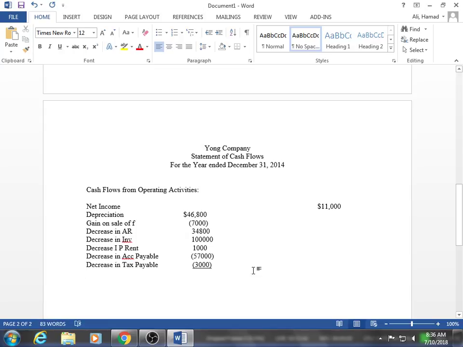You could do the balance of these, or just say 11,000 plus 46 minus 7 plus 34 plus 100 plus 1000 minus 57 minus 3. You could do it that way, or just find the balance of these and then add that balance to the 11,000.